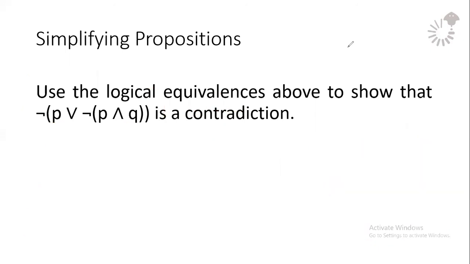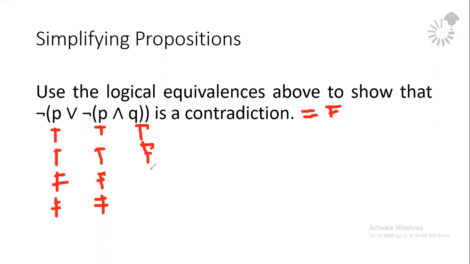Oh. I-prove natin siya using truth table. So values of true is, sabi natin, ito is equivalent to F. So dapat contradiction lahat to. P is true, true, false, false. Tapos Q is true, false, true, false.